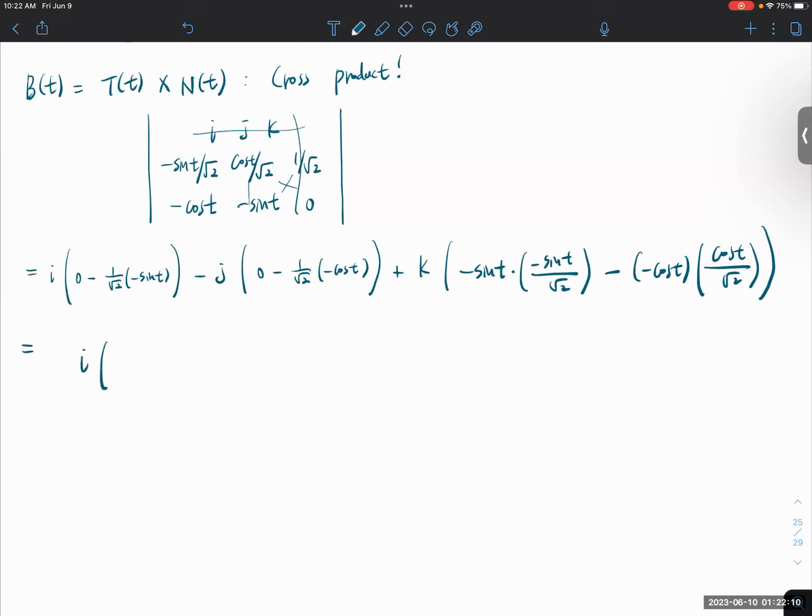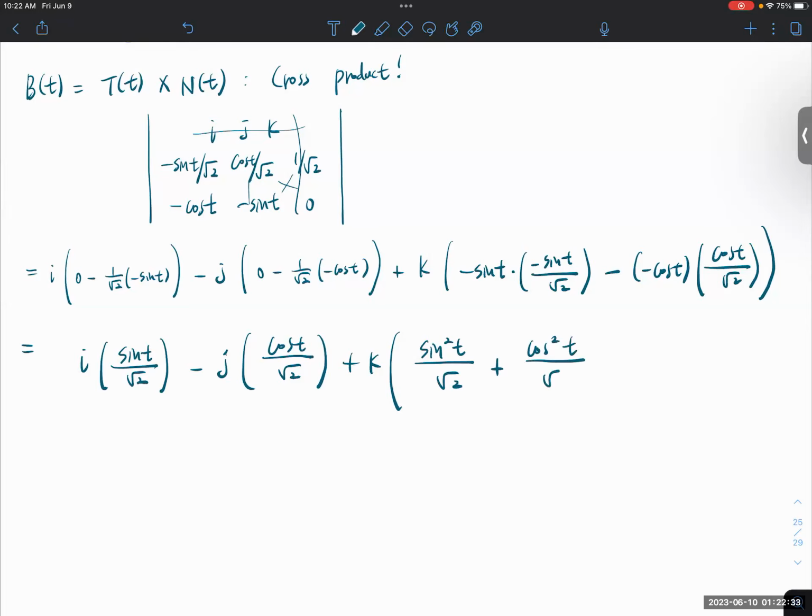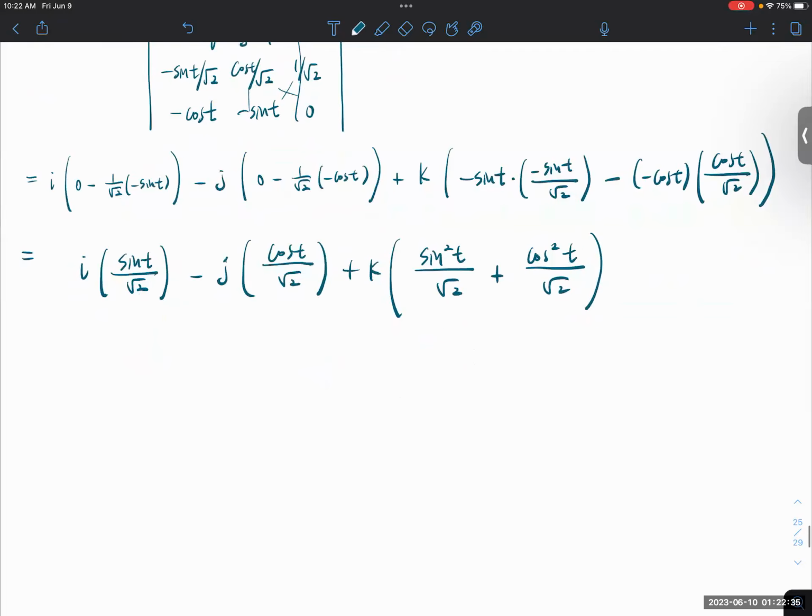Double negative, so sine t over radical 2, minus j cosine t over radical 2. And then k is sine squared t over radical 2 plus cosine squared t over radical 2, and we know these two sum to 1.